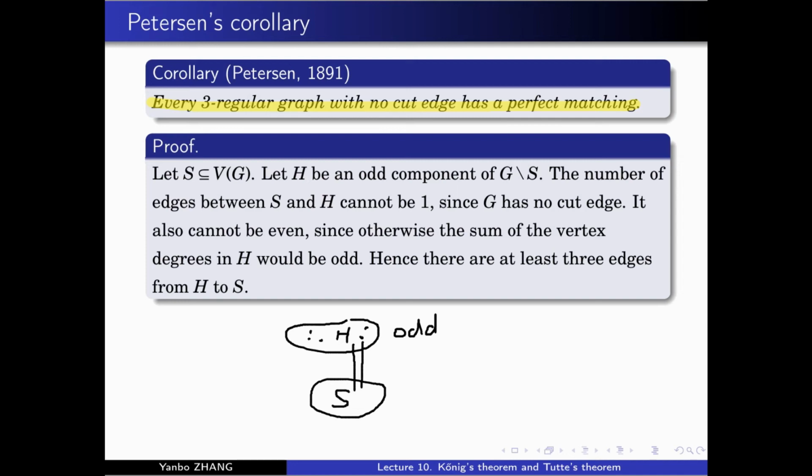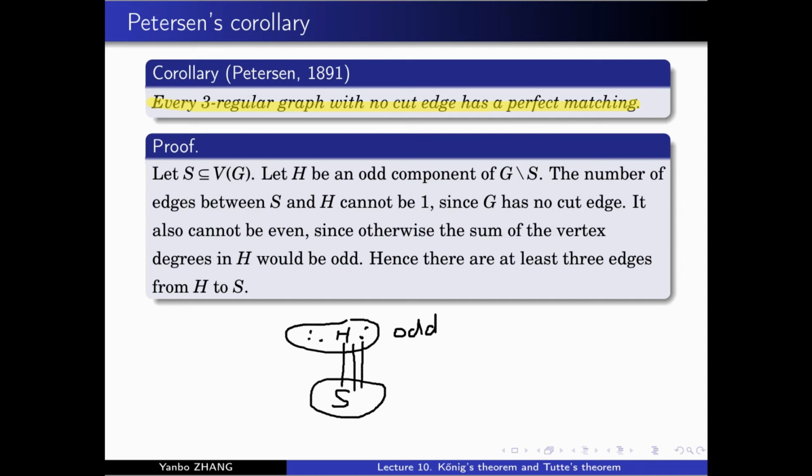The order of H is odd, and every vertex has degree 3, but the degree sum of H should be even. So the number of edges between S and H should be odd. It cannot be 2, it cannot be 0. That means there are at least 3 edges between H and S.